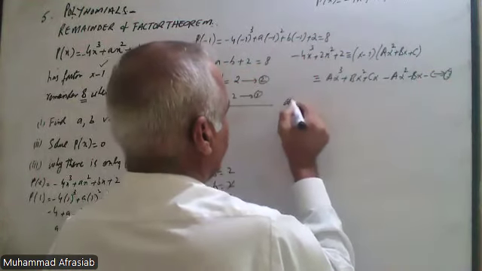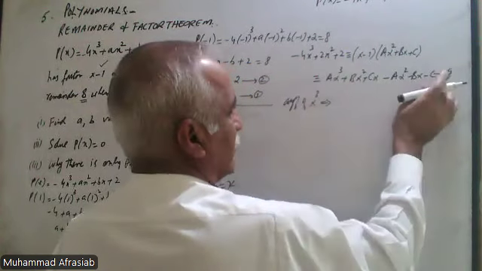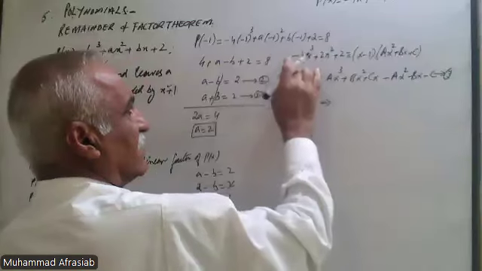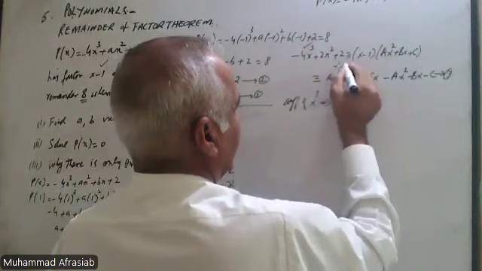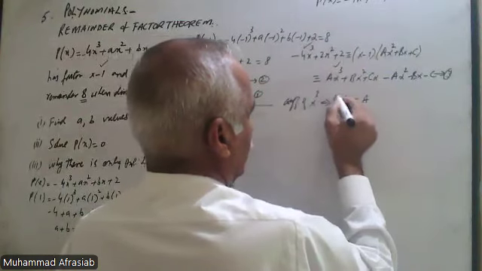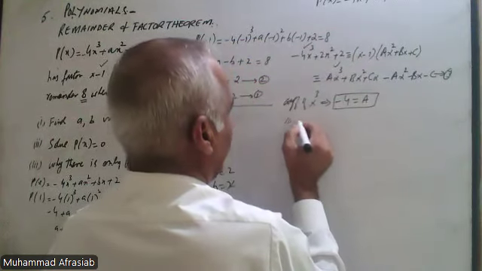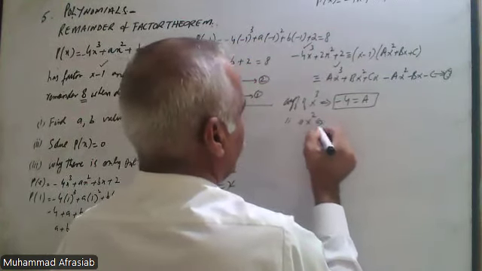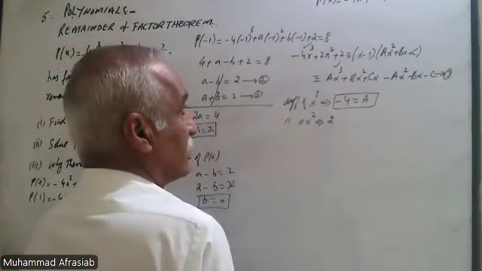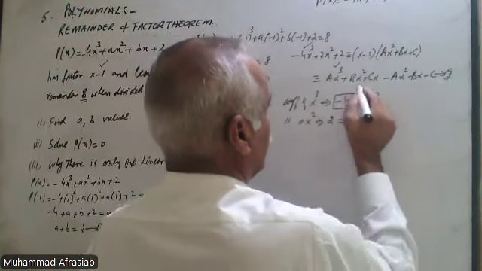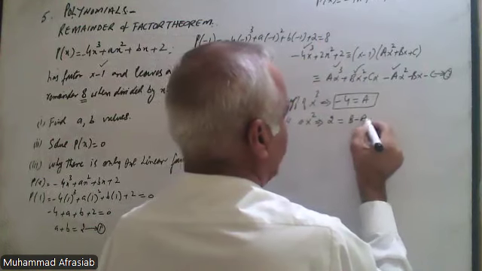Now compare the coefficient of x cube on both sides of equation number 3. The left hand side has the coefficient minus 4, and the right hand side has a. So a is equal to minus 4. Then comparing the coefficient of x square on both sides, the left side has coefficient 2, and the right side has b minus a.